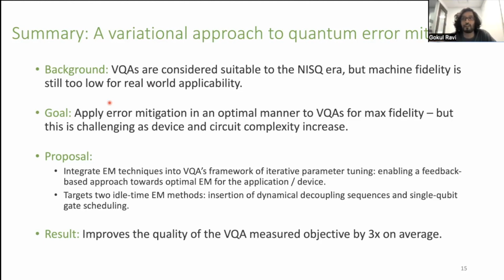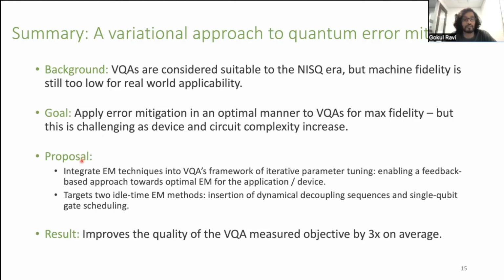But applying error mitigation optimally is challenging, because most of these techniques have been created experimentally. They have been tested for maybe a couple of qubits, or the theory has been developed in a very focused manner. But optimally applying error mitigation to a real-world quantum circuit is more challenging.